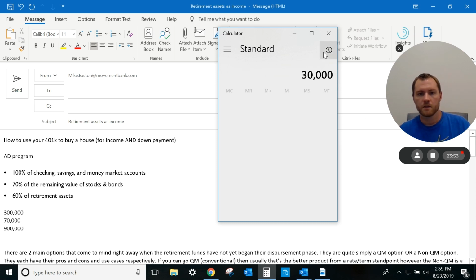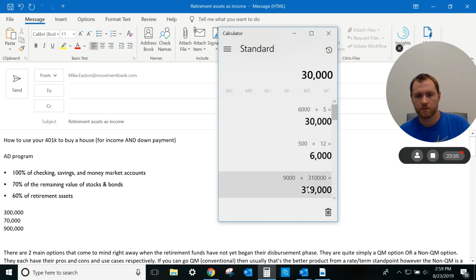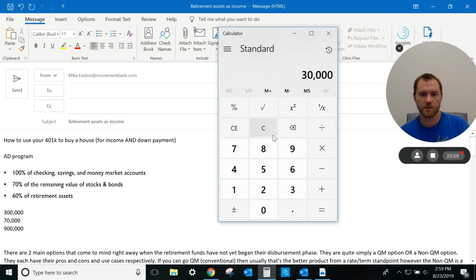So we're taking a look, 319 plus 30,000, so about 350, plus your mortgage payment for 5 years as well, and we'll throw that in. If it's going to be 1,500, that's 18,000 times 5.